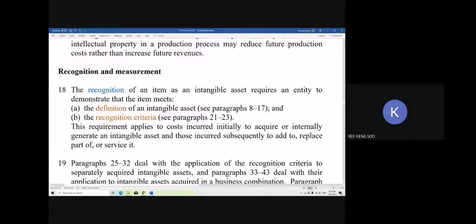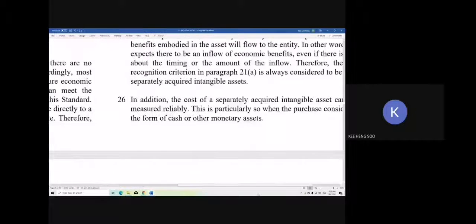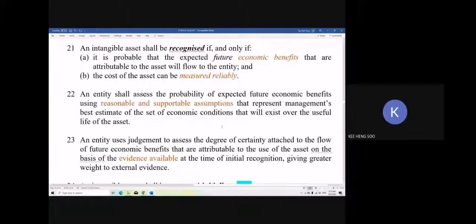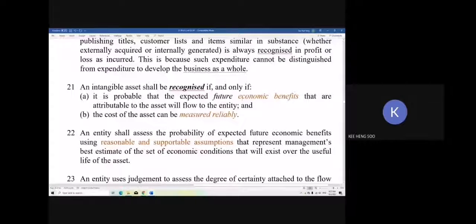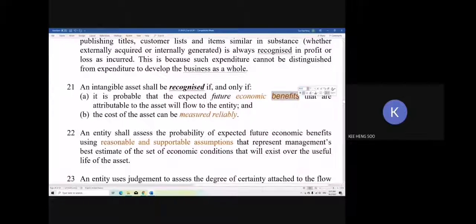What does it mean by recognition criteria? Future economic benefit. Paragraph 21, can you see the keyword? You must have the future economic benefit, and you must be able to measure reliably.